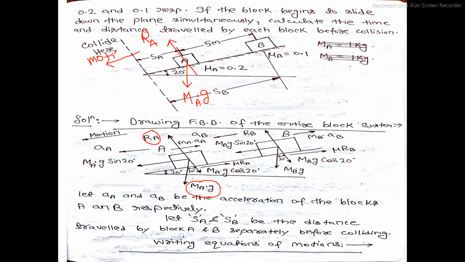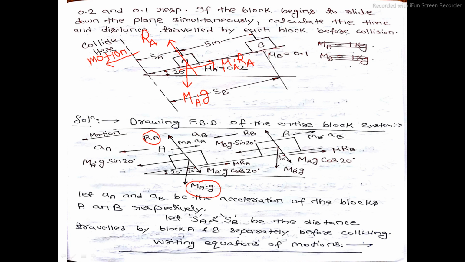Since the block is moving down the inclined plane, there will exist a frictional force at the contacting surface of block A and the inclined plane, because the inclined plane is rough, not smooth, and that frictional force will act in the direction opposite to the direction of motion of block A. So block A is moving down the inclined plane, so the frictional force at the point of contact will act up the inclined plane, and its magnitude will be mu A into the normal reaction which the inclined plane surface is giving to block A, that is RA. Mu A into RA.